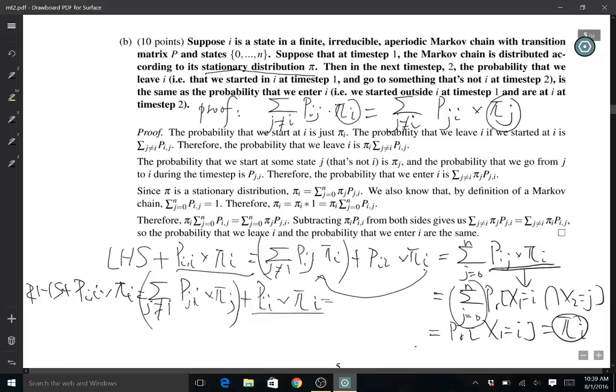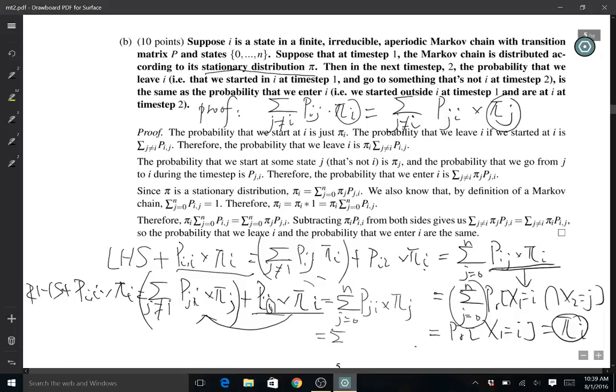Bring this inside, we get the summation of j from 0 to n. This time it could also include i because I add this whole thing inside the summation, and this becomes the summation from j equal to 0 up until n of Pji times pi j.